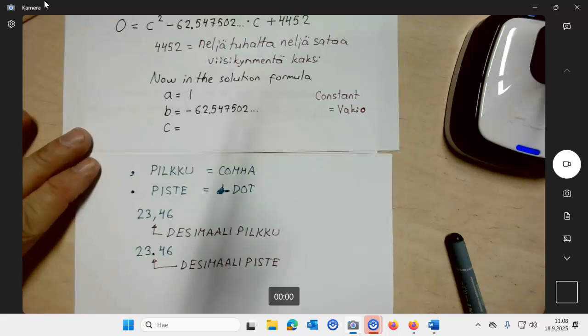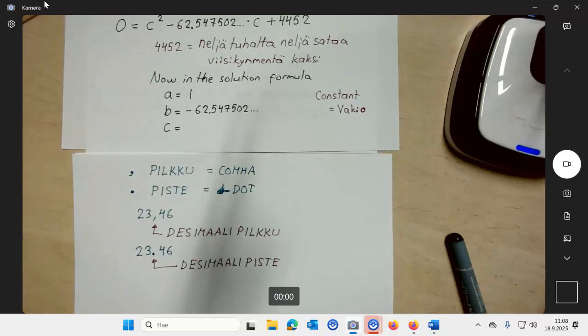So how do you call the numbers after the decimal point? I would say ensimmäinen desimaali, first decimal, and toinen desimaali, second decimal.